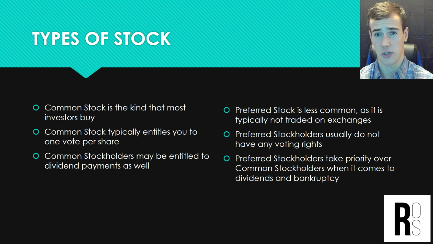So the big question is, why would you want to be a preferred stockholder? It is because preferred stockholders take priority over common stockholders when it comes to dividends and bankruptcy. So if a company is paying dividends, they may pay a higher rate to preferred stockholders, or they may pay them first, and if the company goes bankrupt and they are selling off the assets, then preferred stockholders are going to be getting their money before common stockholders do.